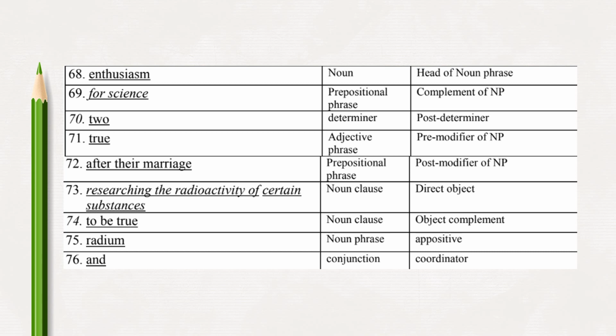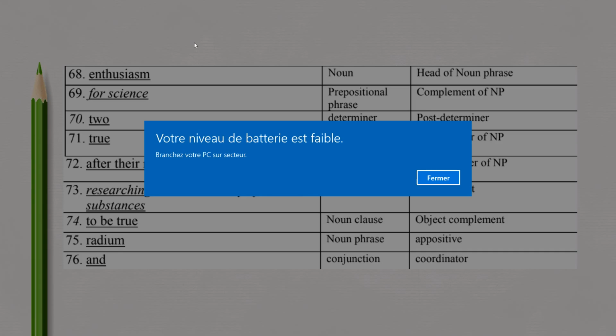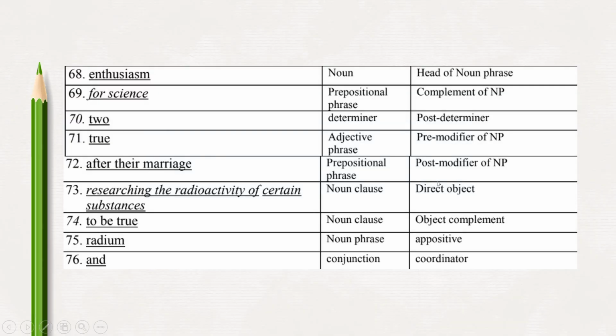After their marriage is prepositional phrase or function is post-modifier of noun phrase. Researching the radioactivity for certain substances is noun clause and the function is direct object. To be true is noun clause and the function is object complement. Radium is noun phrase and the function is appositive. And last one, and is conjunction and the function is coordinator.